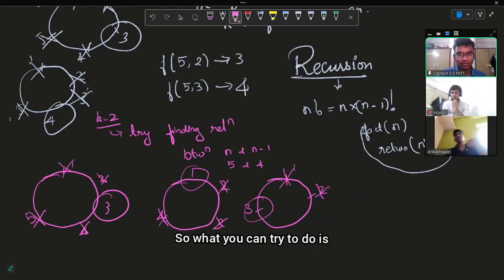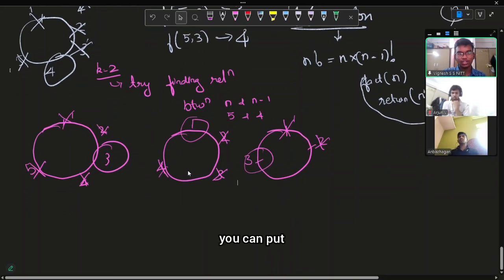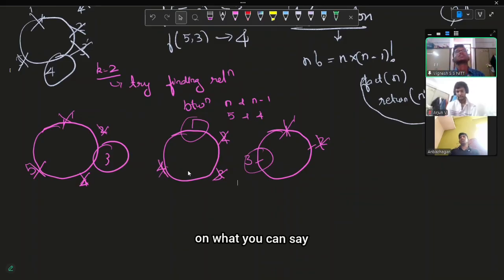What you can try to do is put all these answers in such a way that they get a relation with the numbers. I'll try to figure it out with you.